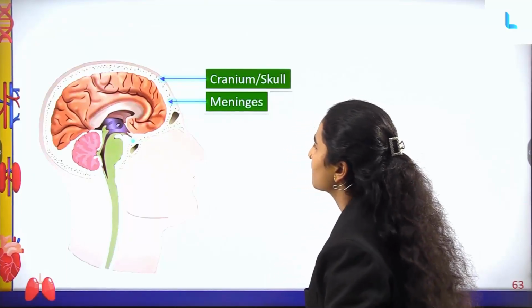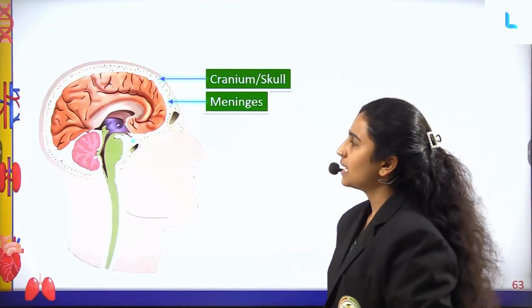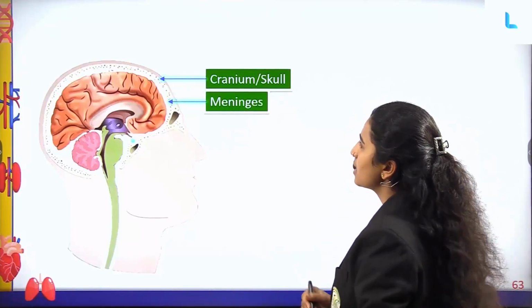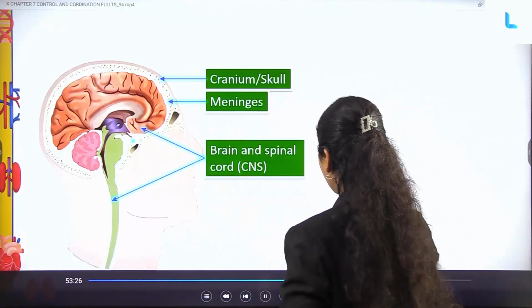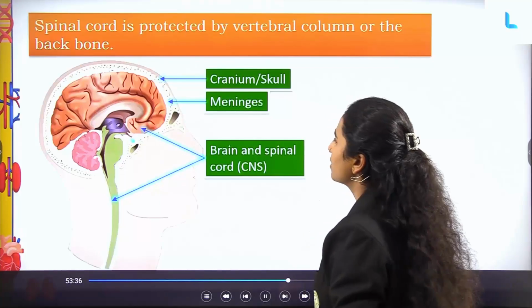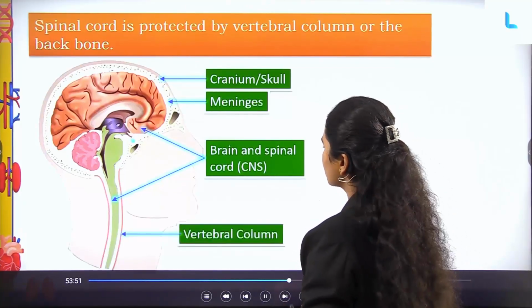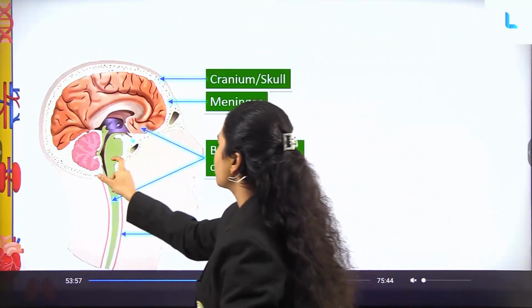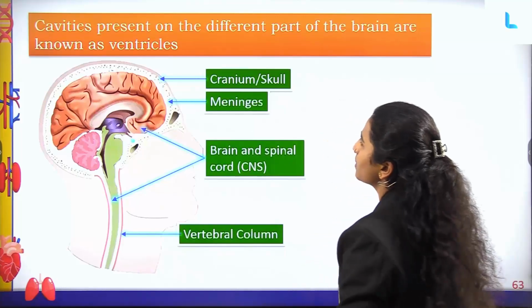So firstly it is the skull, and next layer is the meninges, and next comes the brain and spinal cord connections, which will comprise the central nervous system. And this is the vertebral column, wherein we can see the medulla oblongata getting connected to it.